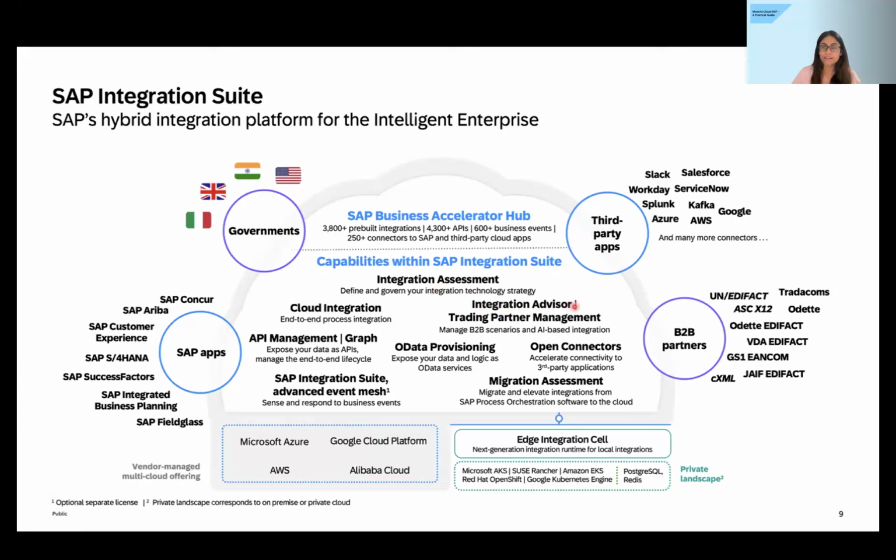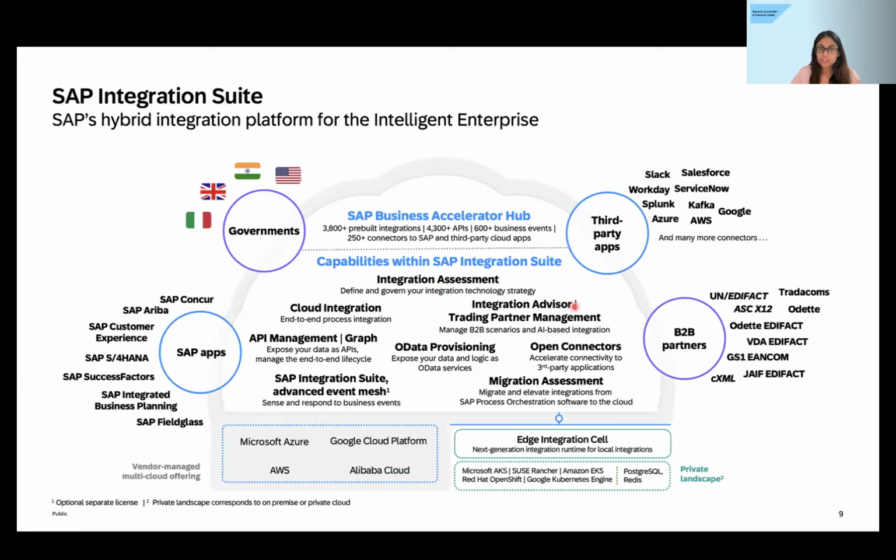In Integration Advisor, you can create your message implementation guidelines, MIGs, and mapping guidelines, using the proposal service, which is based on machine learning algorithms, and manage your B2B scenarios and integrations using trading partner management.